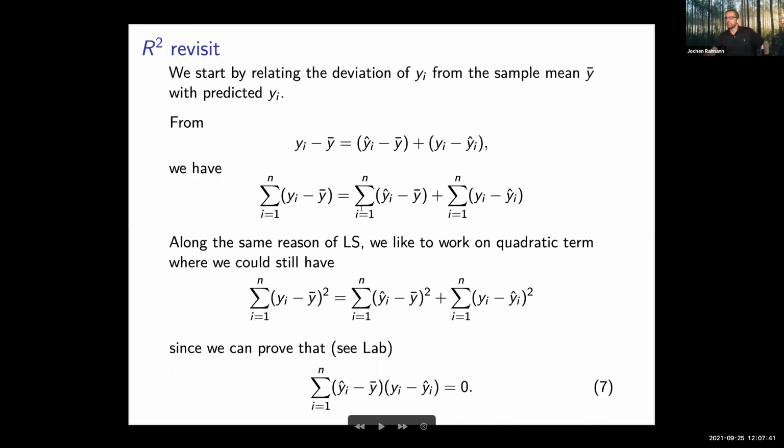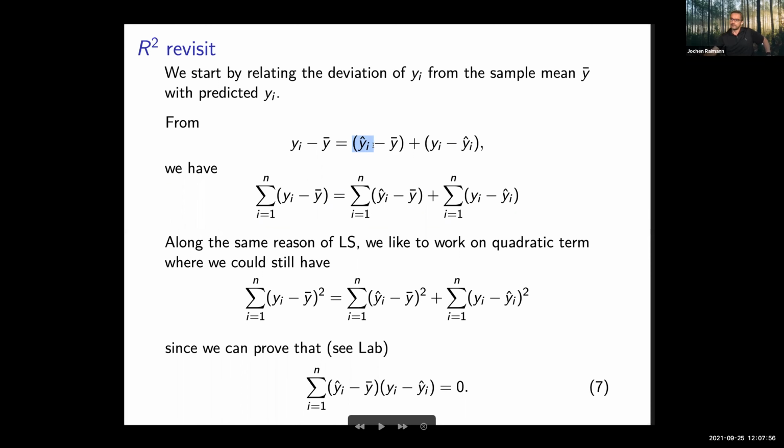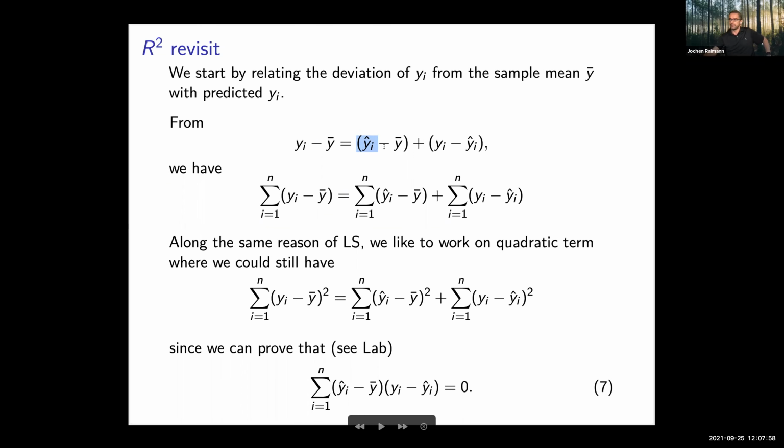Good. We start by relating the deviation from the sample mean with the predicted yi. So yi minus y bar is essentially yi hat minus y bar. So this is the predicted yi minus the mean, plus yi minus yi hat.